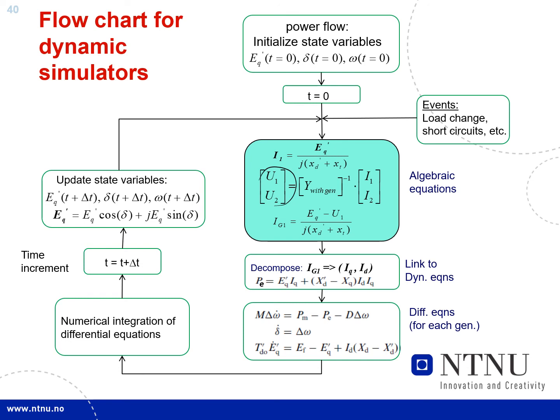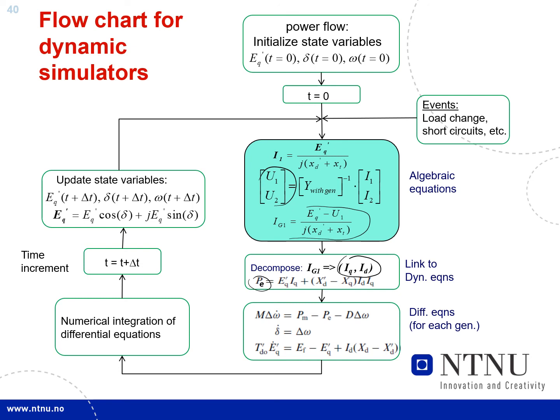When you have computed the voltages, you can compute the generator currents in the global reference frame. But then you need to decompose that current into the reference frame of each generator in order to get the d-axis current and the electrical power.